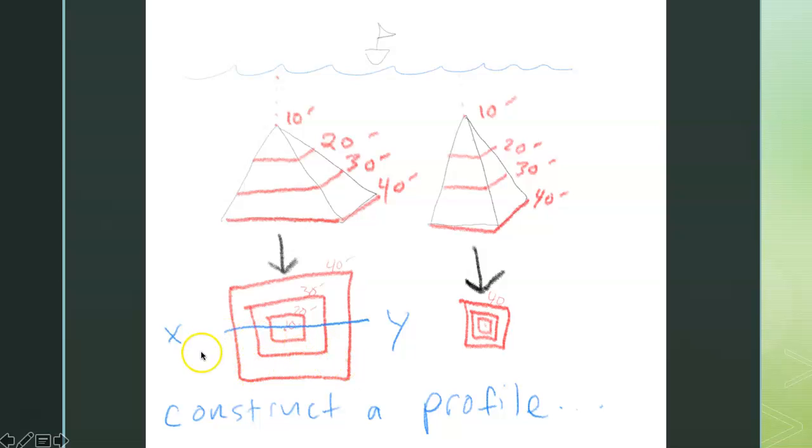Suppose I ask you to construct a profile along line XY. A profile, a synonym for this is cross-section, is a sideways view. What I'm going to do is make a little dot on line XY everywhere it crosses a contour.